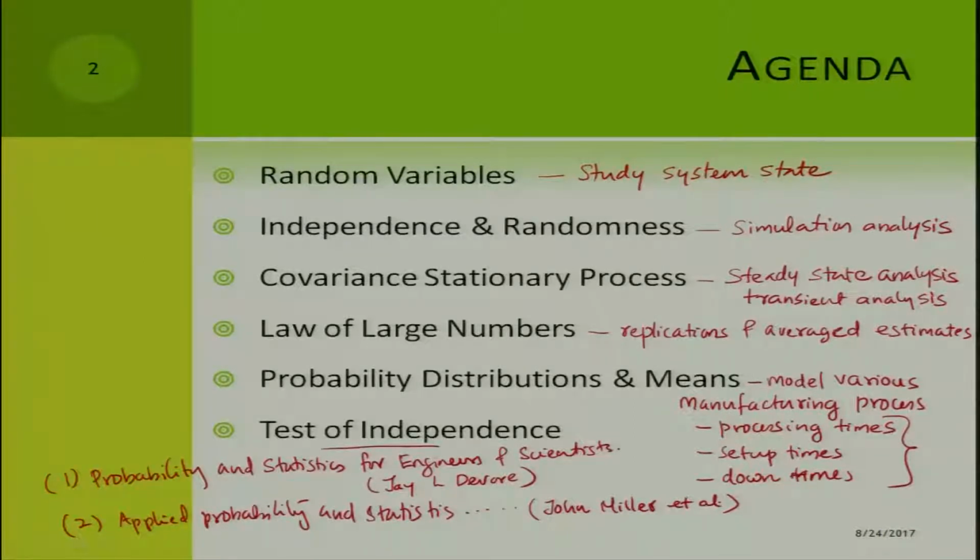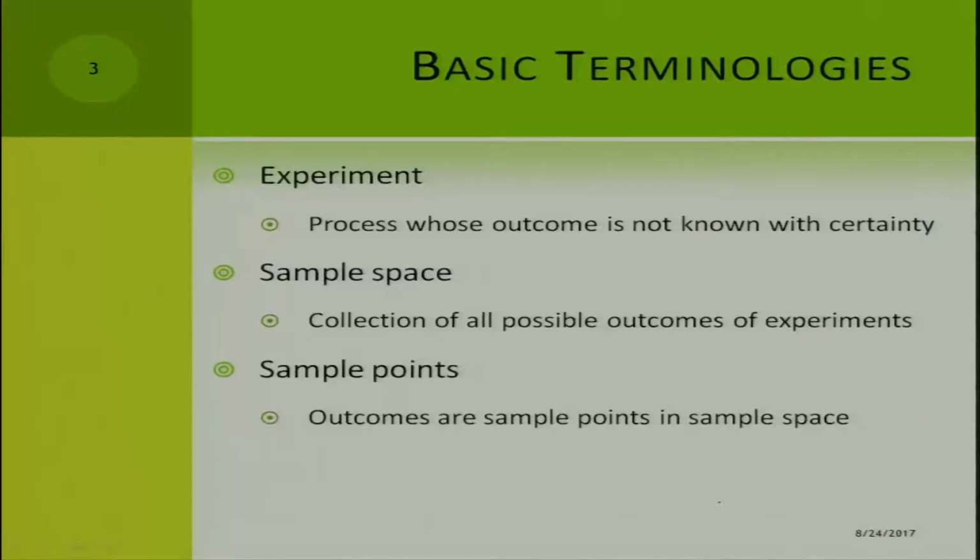All right. So, with this, let's get into today's concepts, and let's see whether we can understand basic aspects of it. The first concept is the basic terminologies that you need to be familiar with in this course, which will be used repeatedly throughout. The first one will be experiment, then we will talk about its sample space, and then its sample points.